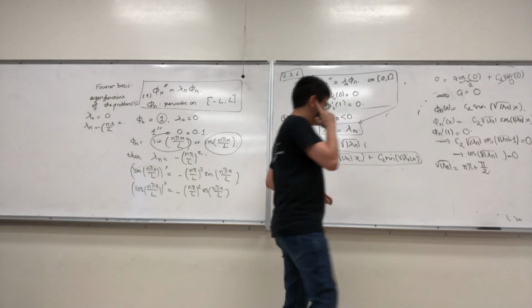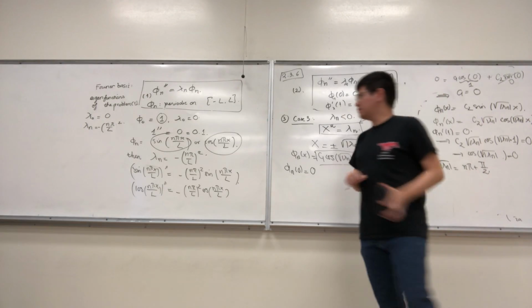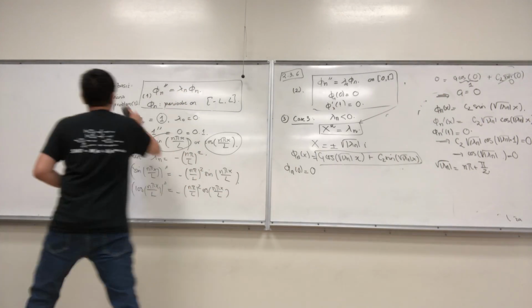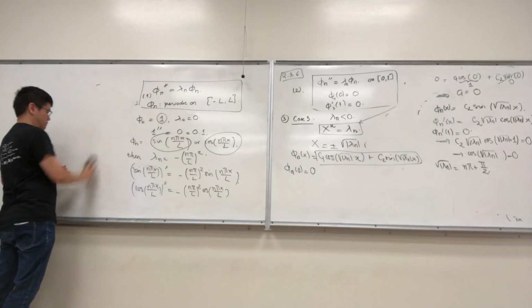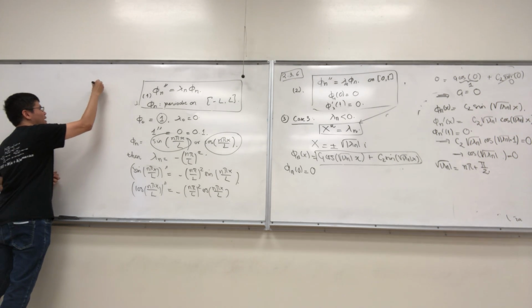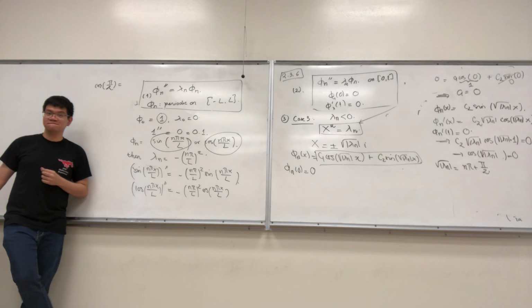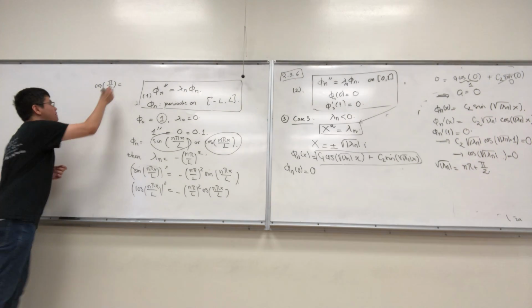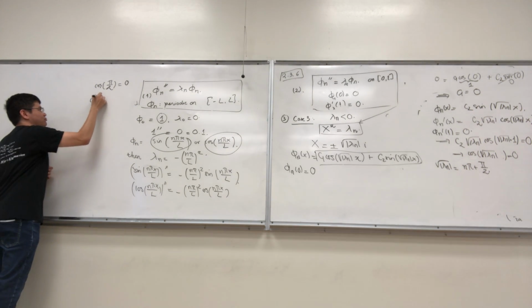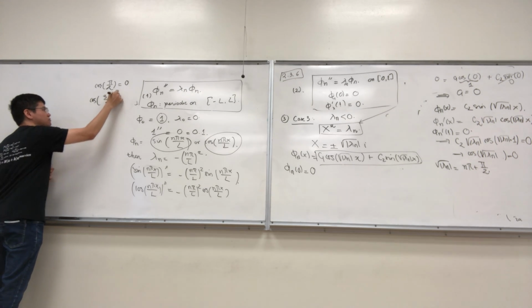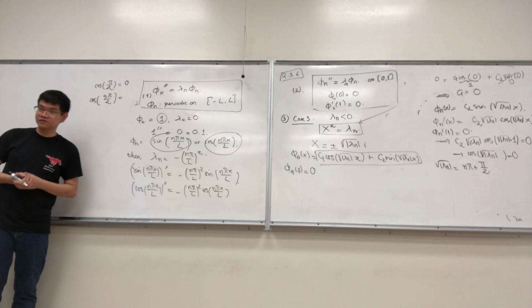How do you remember this? What is cosine of pi over 2? 0, right? What is cosine of 3 pi over 2? This is 0, right?